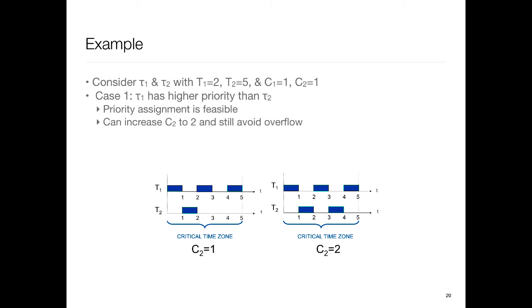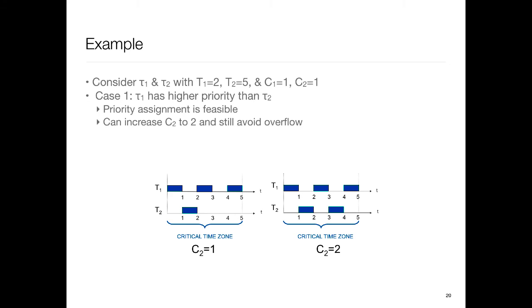Task 1 is coming every 2 time units, and whenever it comes, it gets the CPU, so it came at t equal to 0, t equal to 2, t equal to 4, and then task 2 is squeezing in between, so the copy came at t equal to 2, and it finished comfortably because it went all the way up to 5. So I can actually have C2 equal to 2 and I can still finish in time. Not anymore. So under this priority assignment, I can go all the way to C2 equal to 2, while maintaining the same C1.